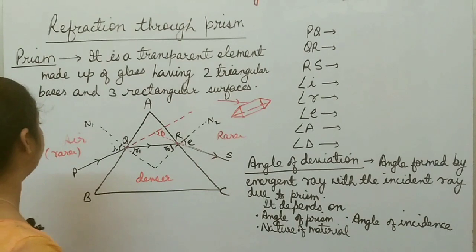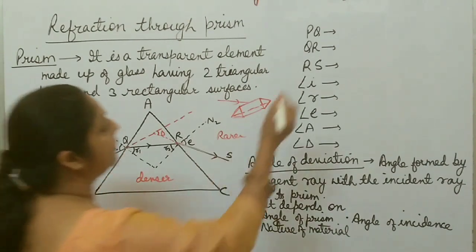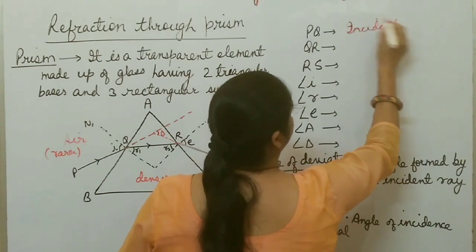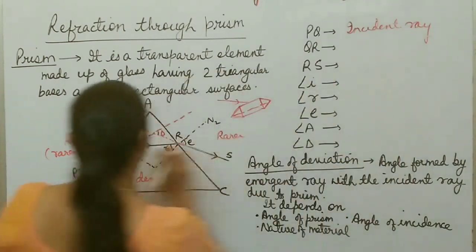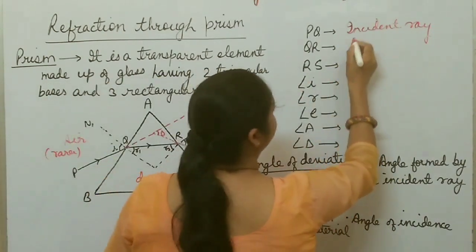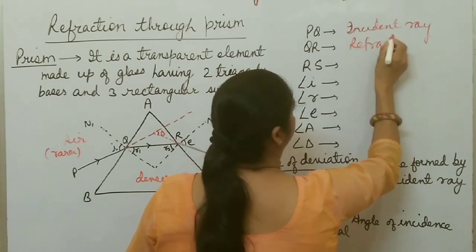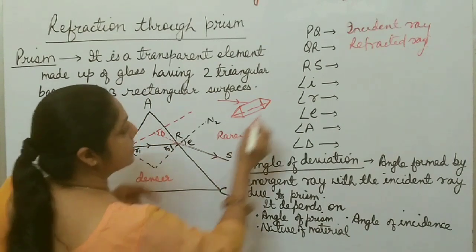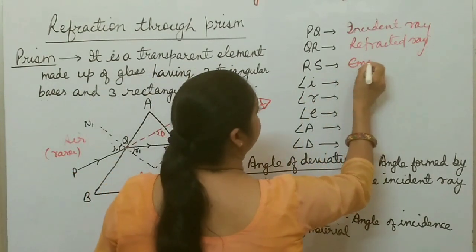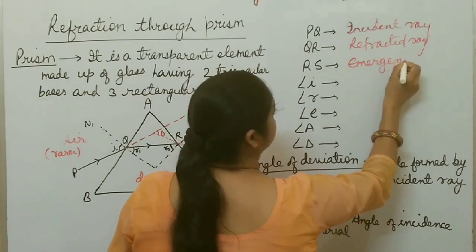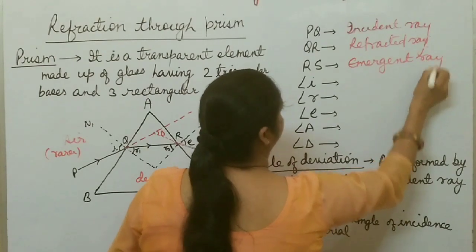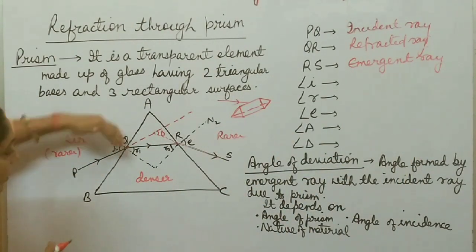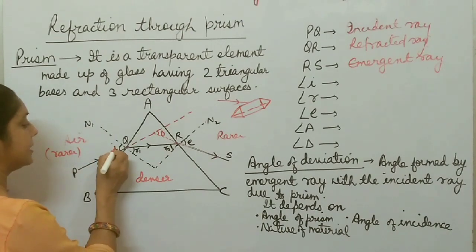Emergent beam. So you can write first PQ. PQ is incident ray. Okay. Then QR. QR is refracted ray. Then RS. RS is emergent ray. Okay. Now you know the angle between this incident ray and normal is what? Angle of incidence i.